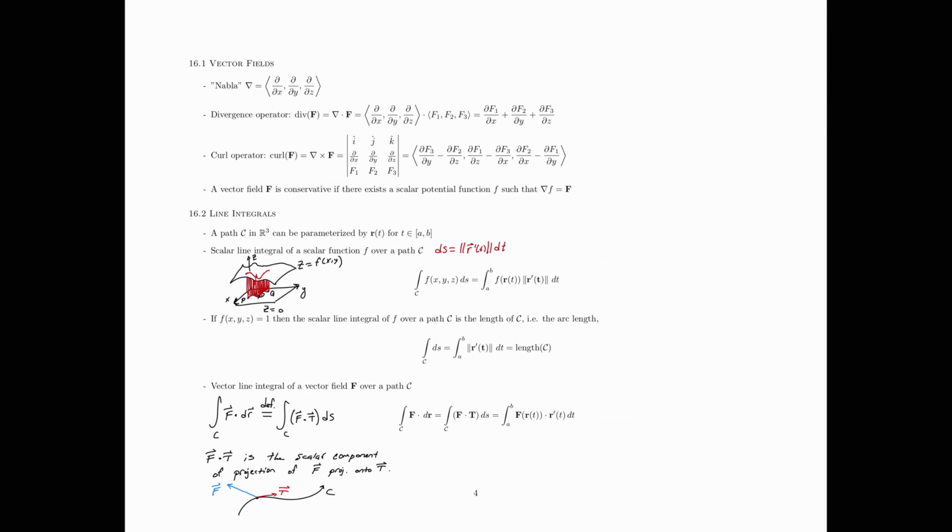So what this f dot T is doing, it's the scalar component of projection. So we can take a look at what is the projection of this vector onto this vector. Well, imagine extending this out backwards and seeing where the tip of this vector lines up. It would be right here.